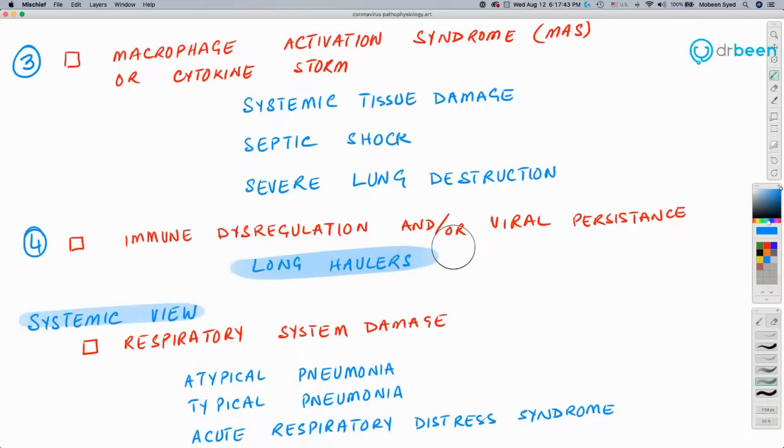It is possible in long haulers that the immune system dysregulation is continuing, plus some virus persisting as well. I haven't yet seen a lot of studies to observe the pathology exactly in the long haulers, so I can only think aloud with you in medical terms or in medical concepts without telling you a precise mechanism for long haulers. I think there are multiple ways that long haulers can have persistent symptoms.